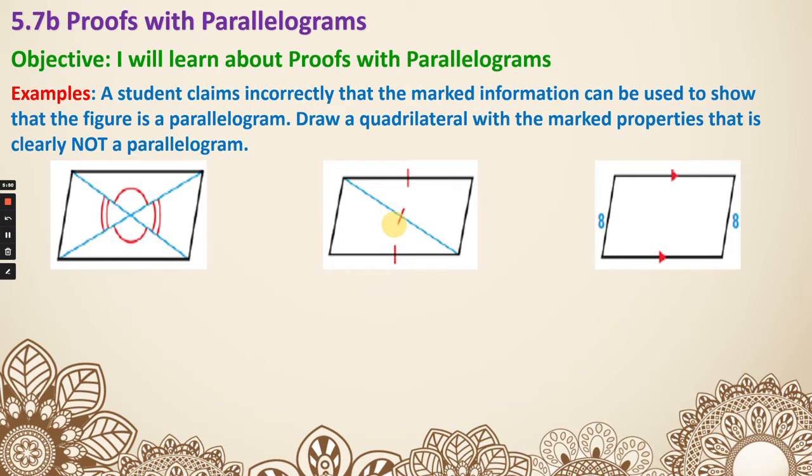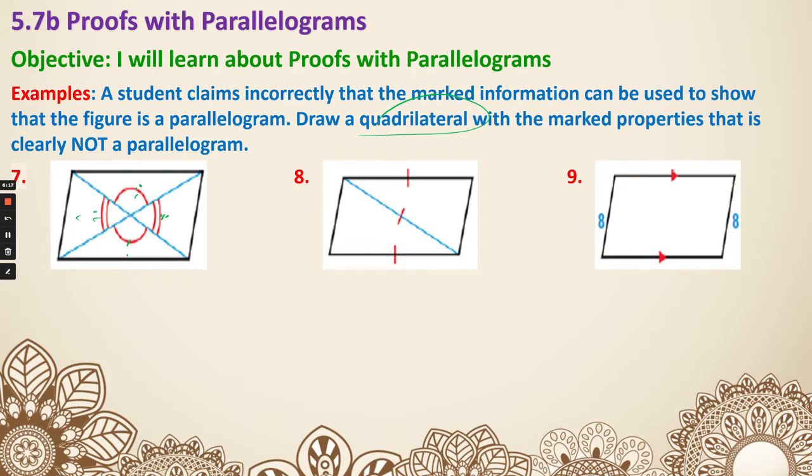Next, a few examples. A student claims incorrectly that the marked information can be used to show that the figure is a parallelogram. Draw a quadrilateral with the marked properties that is clearly not a parallelogram. So this is just asking to draw a quadrilateral to show, for example, number 1, these two angles are the same, these two angles are the same, and the quadrilateral we draw is actually not a parallelogram.